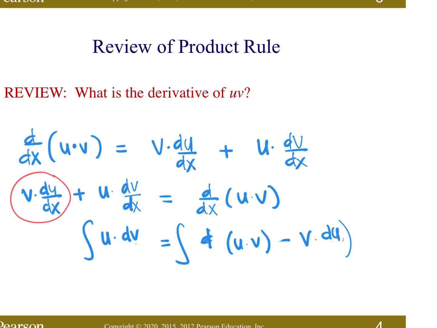I'm going to erase a couple of those and put an integral symbol there. So what I end up with is the integral of u with a dv attached to it, and on the other side, the integral of a d and then a uv product, and then an integral. So I have three different integrals.